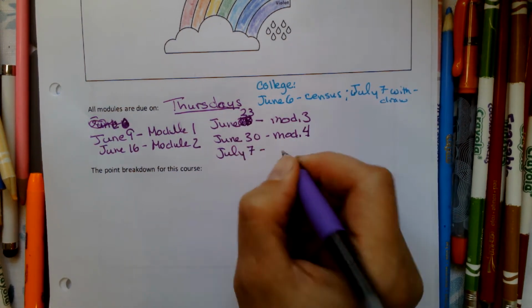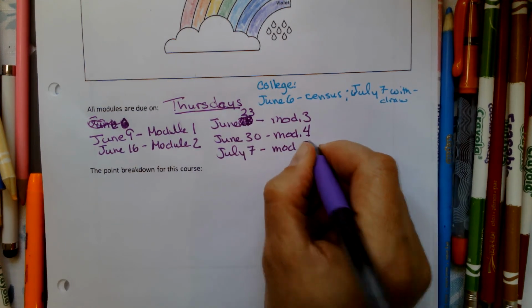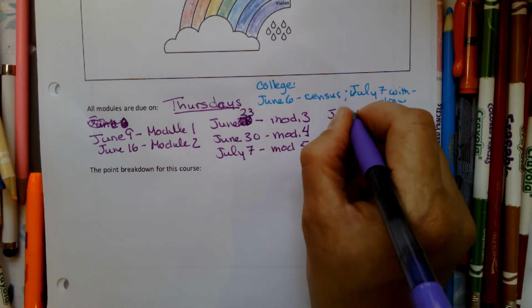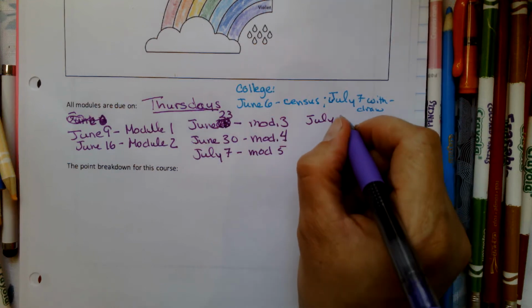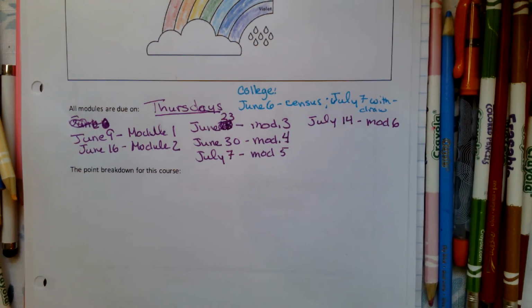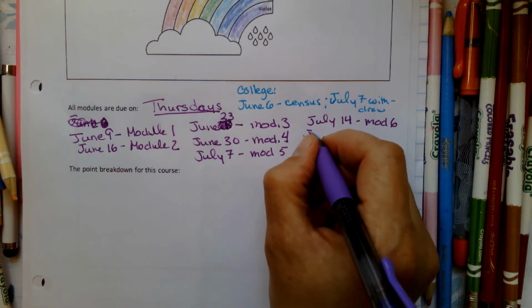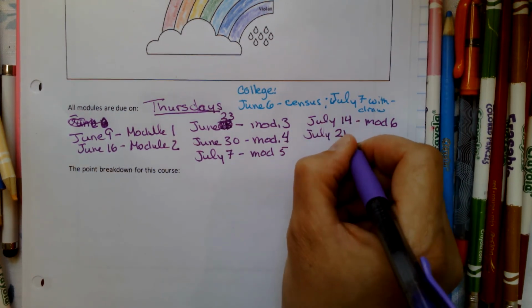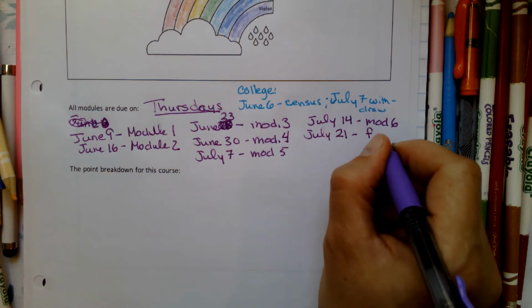July 7th is module 5. July 14th is our last module, module 6 is due. And then July 21 is the final, which is also a Thursday.